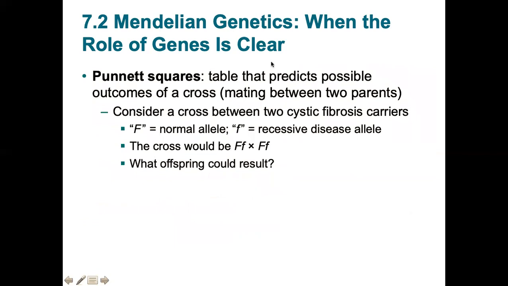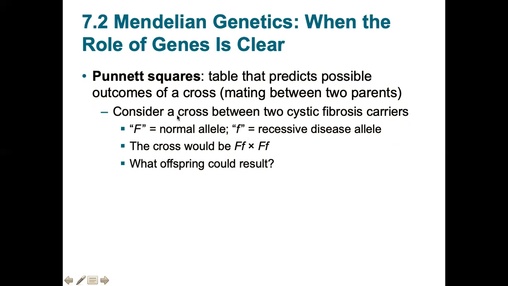And a Punnett square is a way for us to draw these types of crosses. So when we're talking about alleles, we give them a letter to denote the trait. So in this case, cystic fibrosis, F for fibrosis, and the disease is a recessive disease. And f would be no fibrosis.